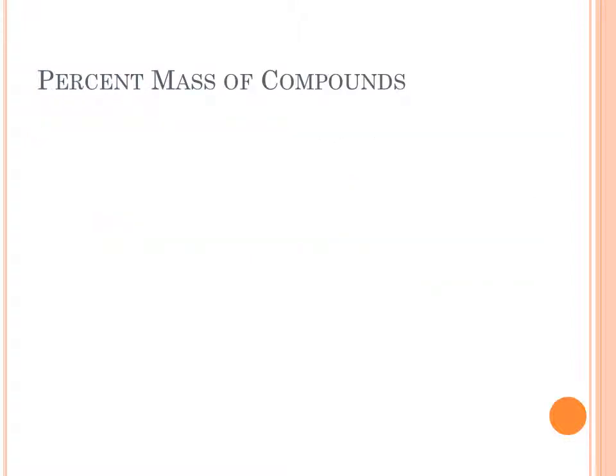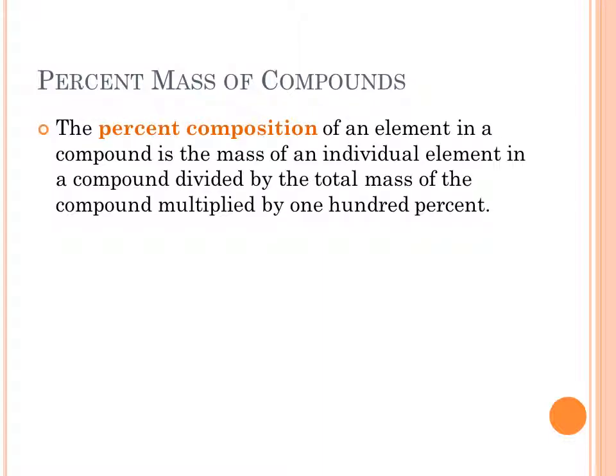Percent mass of compounds, we can also get a theoretical percent mass of a compound by using the molar mass. That percent composition will be the mass contribution of the individual element in the compound divided by the total mass of the compound multiplied by 100%.